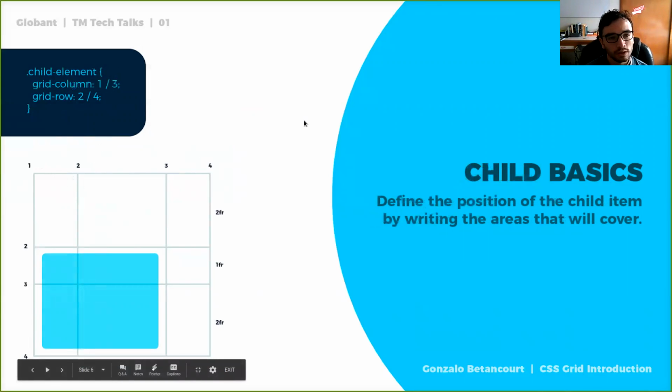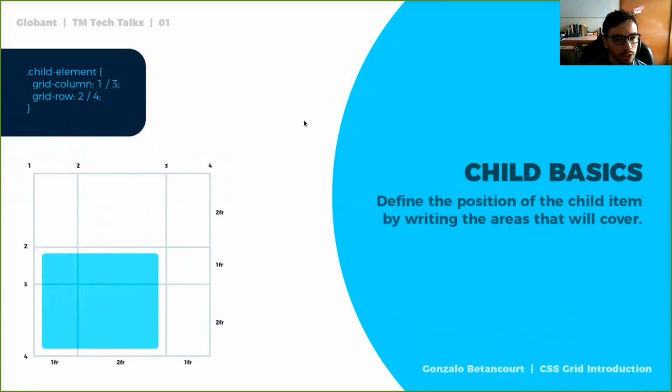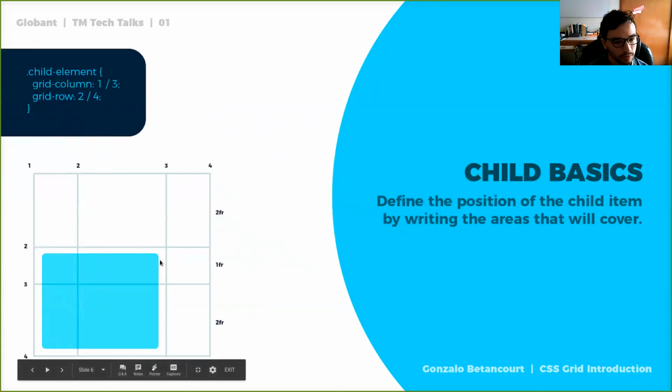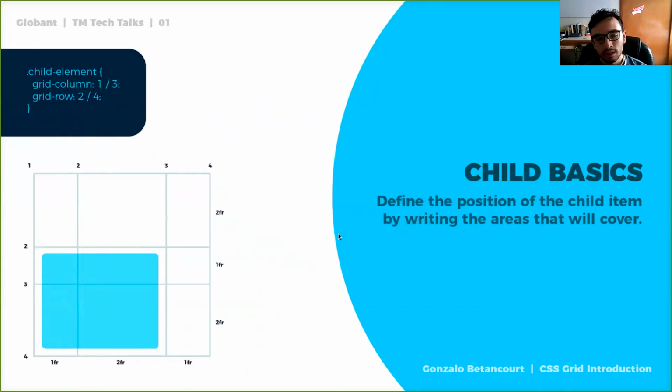So when we are on the child element, we want to position that element by saying grid column, the beginning line and the end line, and grid row, the beginning line and the end line. So that's why this element is positioned right here. There are other techniques, but I'm explaining the basic ones to start playing a little bit with CSS Grid. Those are the basics. With that, we can start playing and working with CSS Grid.